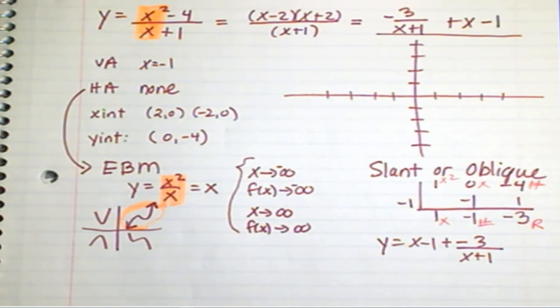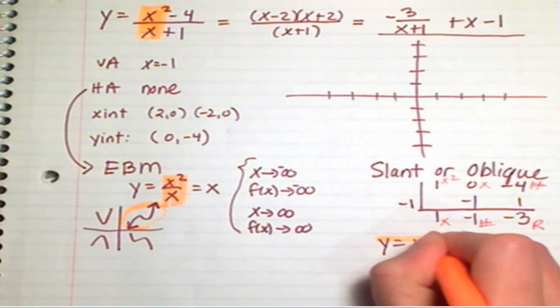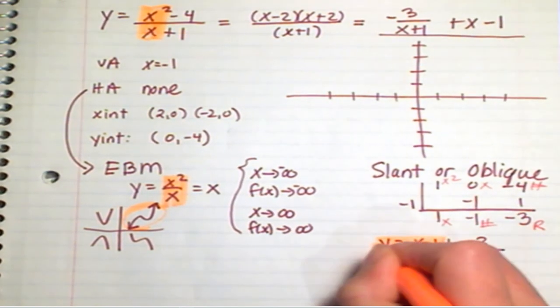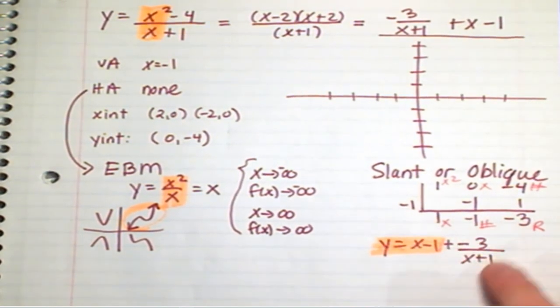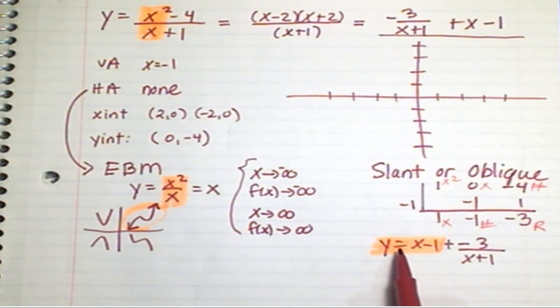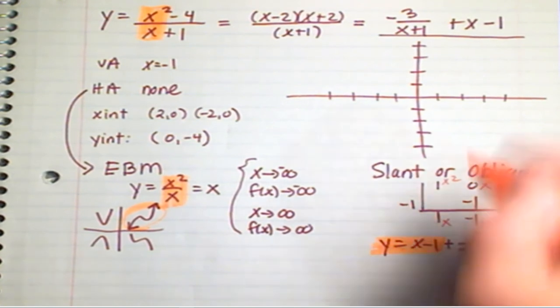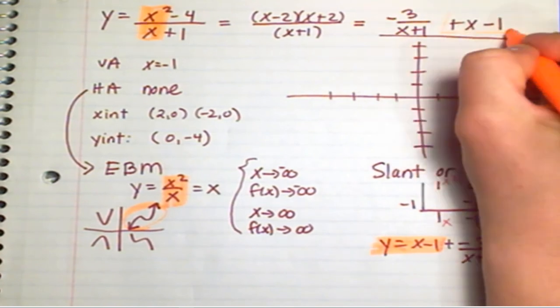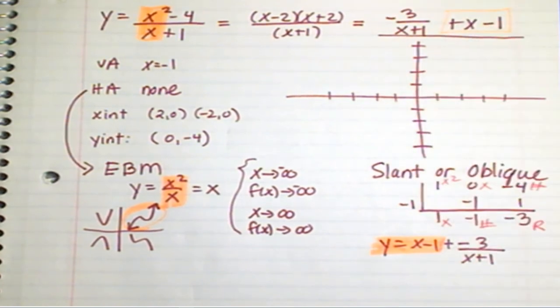So I'm going to highlight the part that is the slant asymptote. Notice it's not this part here. It's this part. This is the slant asymptote. It's kind of like the K value, except it's x and a number, which is a slanted line.